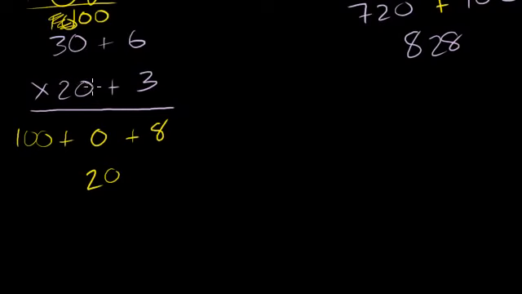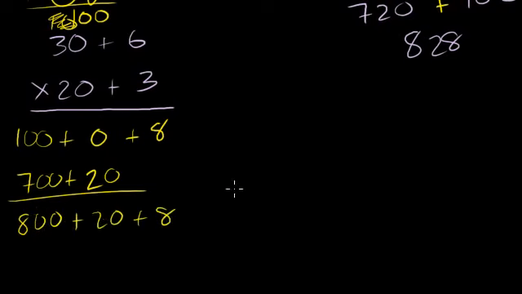And I think I'm maybe jumping the gun a little bit, assuming a little bit too much of what you may or may not know. But 20 times 30 is going to be 600, and you add another 100 there, that's 700. And then you add them all up, you get 800. Right? 100 plus 700 plus 20 plus 8, which is equal to 828.